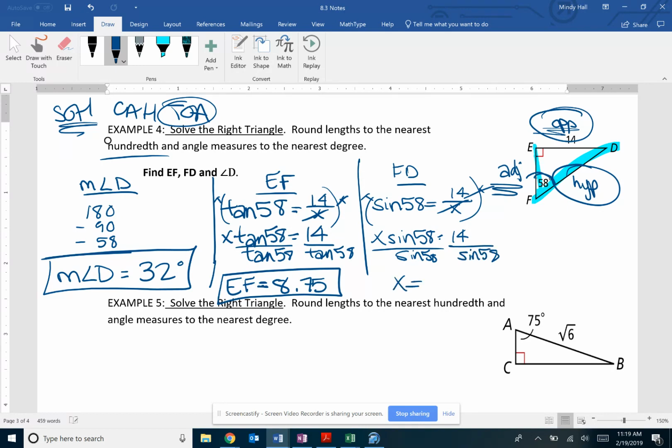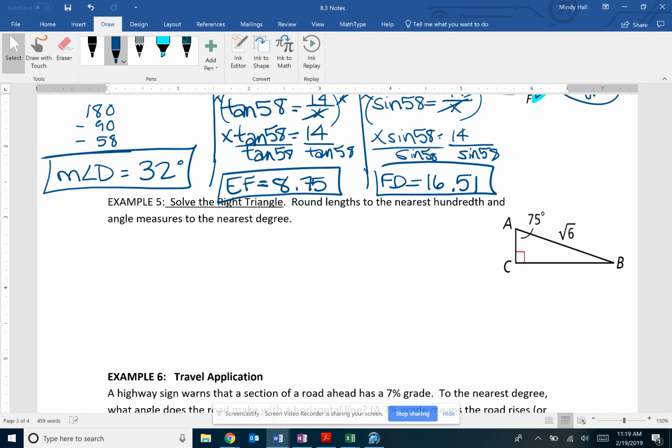So you'll notice that you don't always have to use the inverse trig functions. It's only sometimes, and it's only when you need to find that angle measure. So that's 16.508. So 508, the 8 tells you to round up. So now my FD is 16.51. Okay, and we found all the missing stuff.